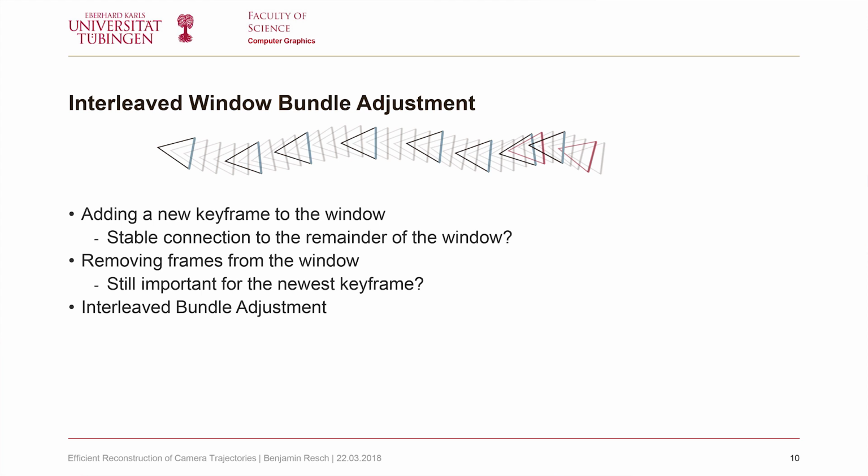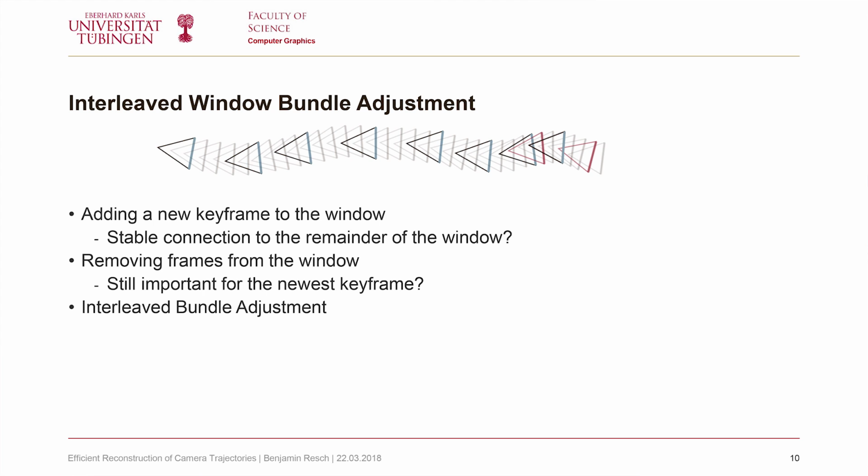So for adding a new keyframe to the window, we always assume that we have already reconstructed an older window. So in principle, the solid cameras here are the ones from which we know the poses, the keyframes, and the other ones are just skipped. And now the question is, what is the next frame to add to this reconstruction? Actually, we're just trying out some of the frames.